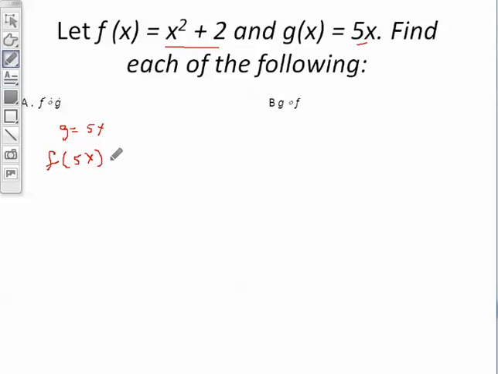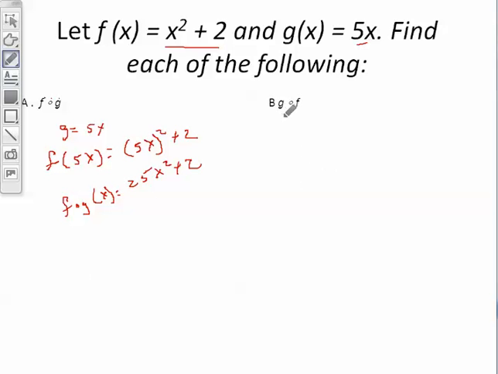So we're sticking that in. So if my f of x is x squared, that means I'm going to come along and say 5x squared plus 2. And that's going to be 25x squared plus 2. That is the f o g of x.